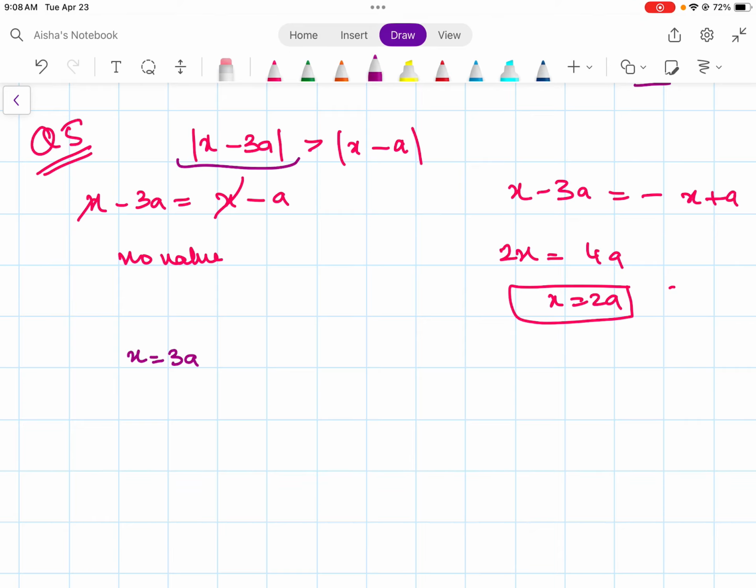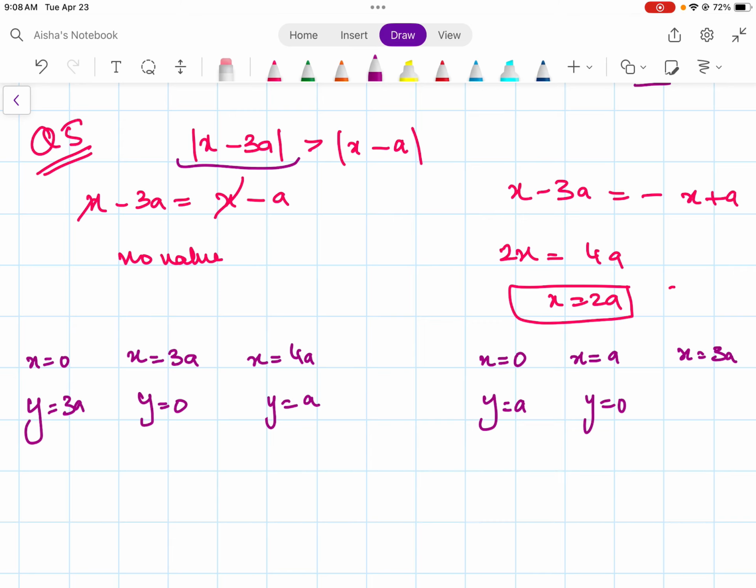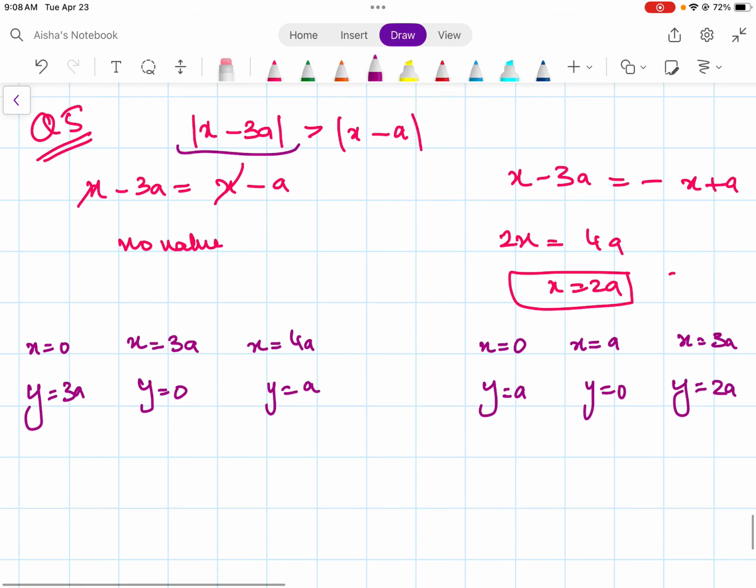x equals 3a will be the vertex. I took 4a and took 0. Y is 0, y is a, and y is 3a. X is a, x is 3a, and x is 0. Y is a, y is 0, y is 2a.